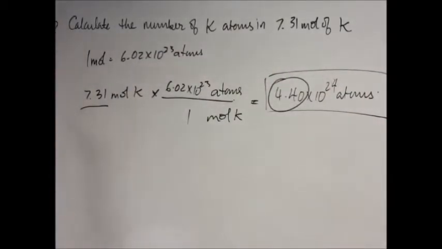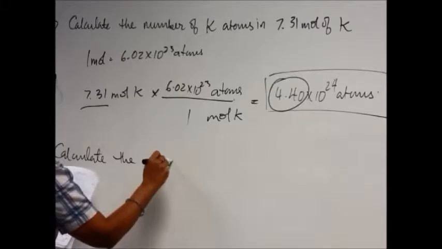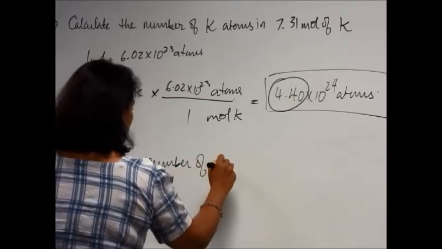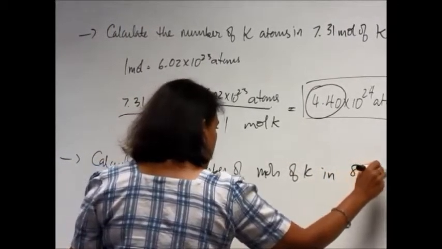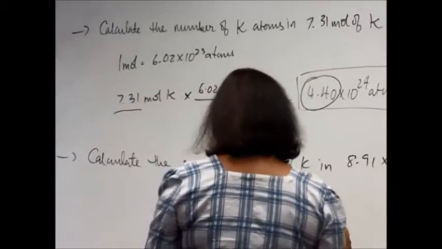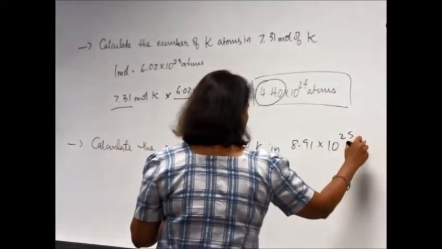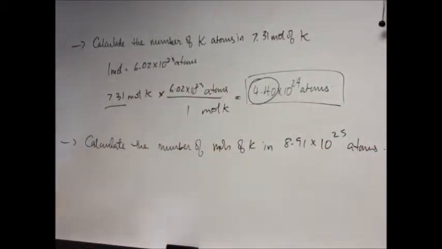Okay. Then calculate the number of moles of potassium in 8.91 times 10 to the power of 25 atoms. Same kind of deal.